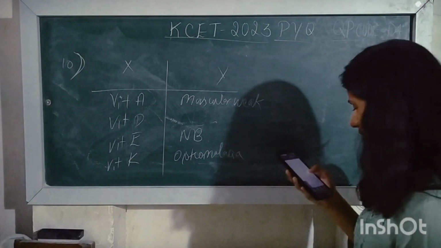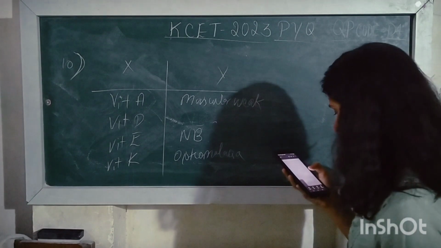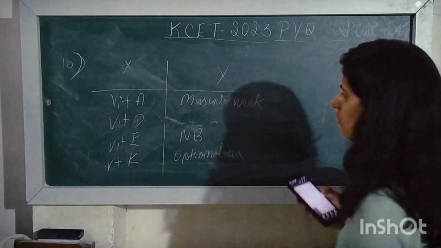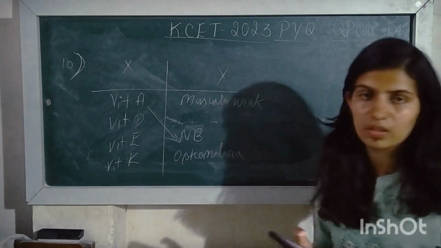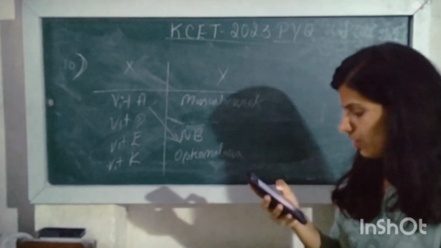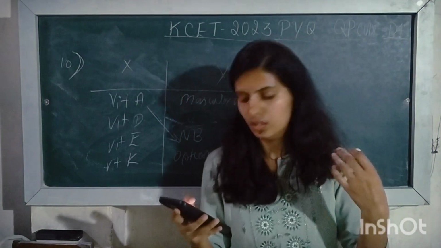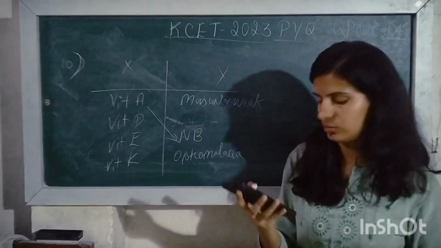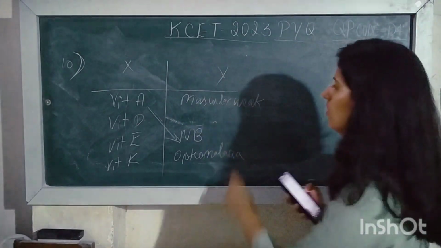By looking into the question itself, we can solve that. Deficiency in vitamin A shows night blindness. From there itself, you can remove the options and you can choose the correct option. That is option number B is the correct option.